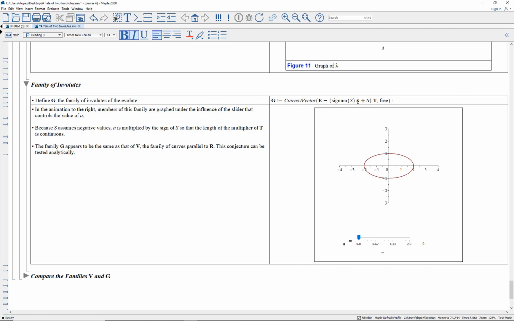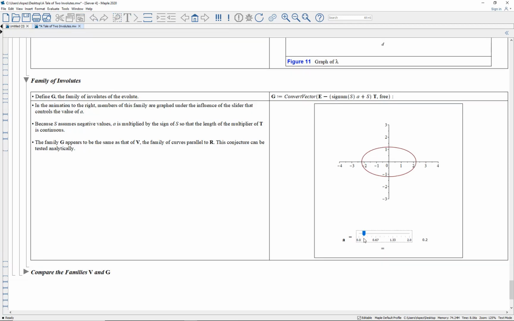So that's what the signum will do here. And the slider shows what happens to this family of involutes of the evolute.